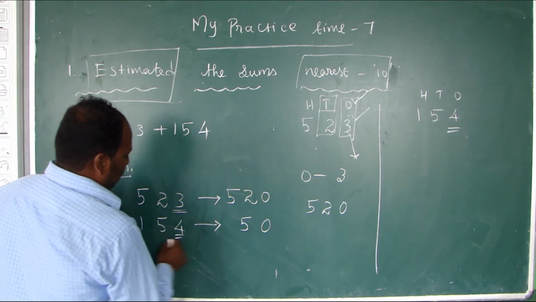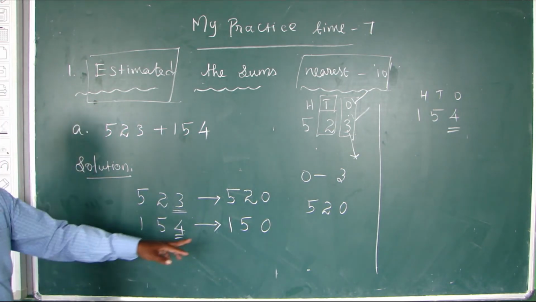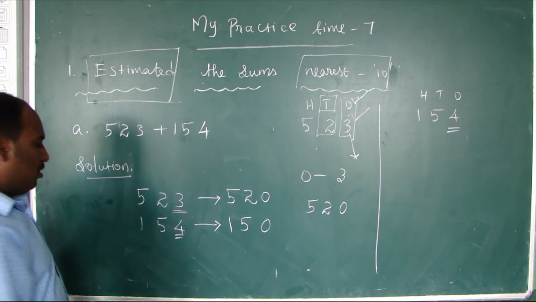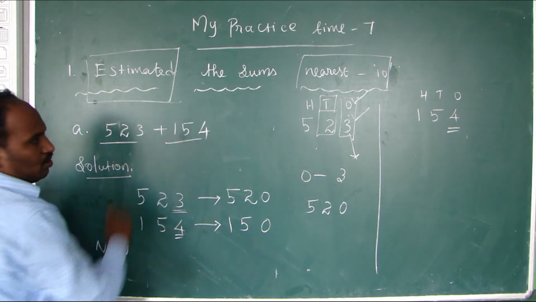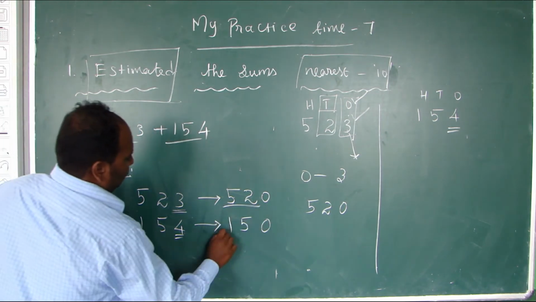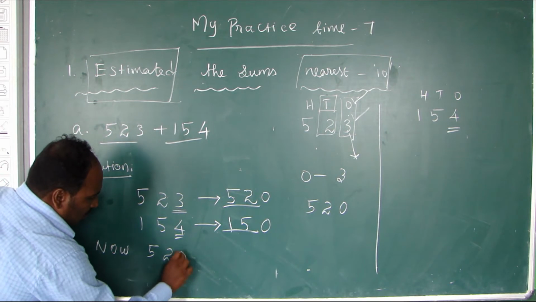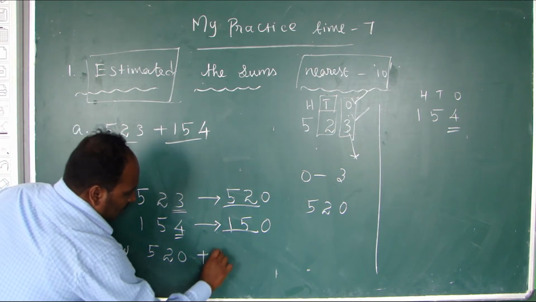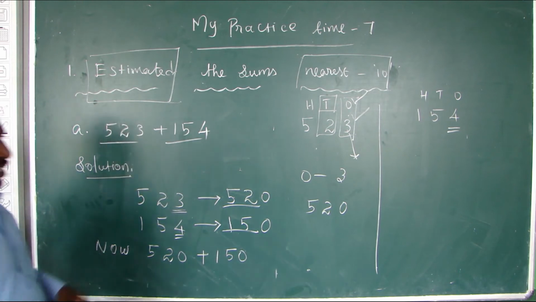Tens place is 5 and hundreds place is 1. Now we add 520 plus 150.